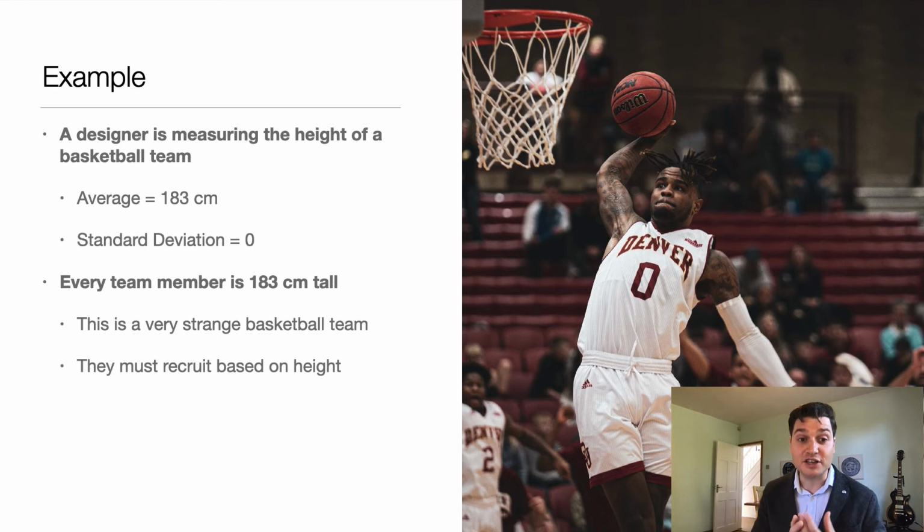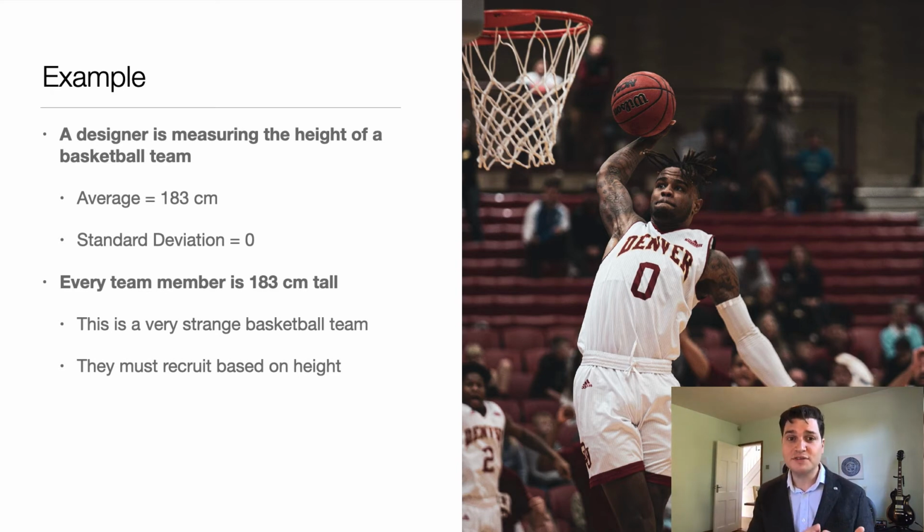So standard deviation is just describing how wide that range is. You might have a sample with a wide standard deviation because people have a lot of varying scores. You might have a sample with a very small standard deviation because everyone's scores are very close together and don't change much.